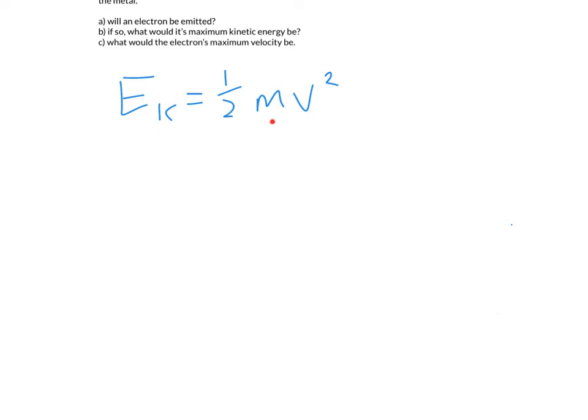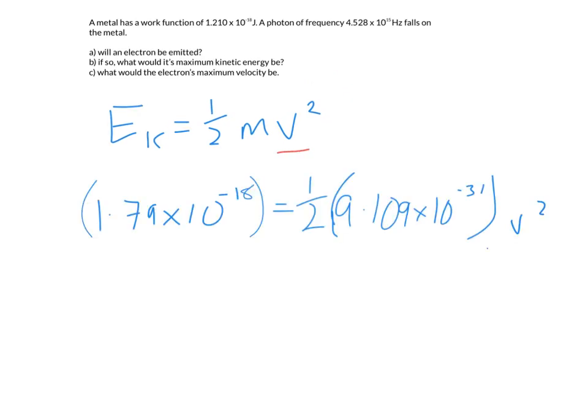We know the mass of the object because we're talking about electrons, so that can be found on page 47 of your log tables. And then that leaves us with one unknown variable here, the velocity, which is what we're trying to solve for. So when we fill in the values we know, our kinetic energy is 1.79 by 10 to the minus 18, and our mass is 9.109 by 10 to the power minus 31.